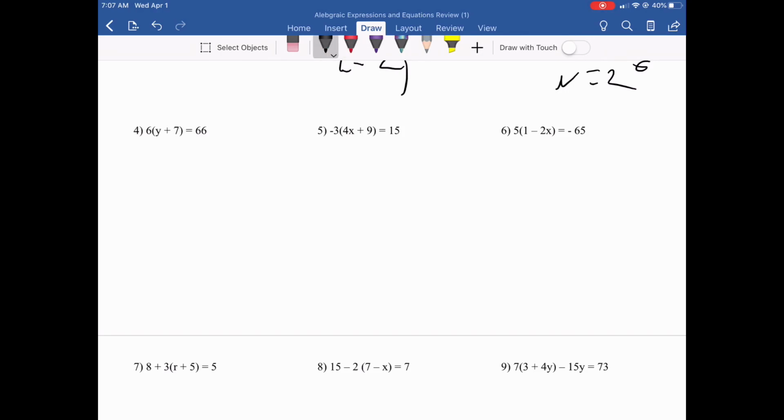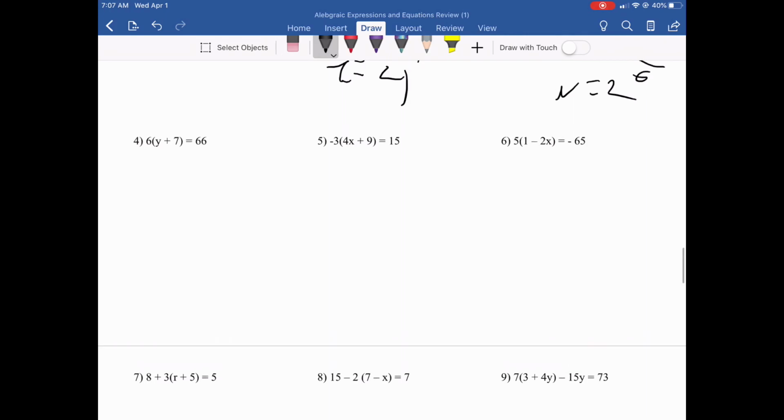All right, let's go to the next one. So we have 6. Remember PEMDAS. So what we'll do first, close the parentheses. I cannot add up what's inside parentheses because they're not like terms, but I multiply. So 6 times x, 6x, 6 times 7, 42 equals 66. We're going to get the variable by itself.